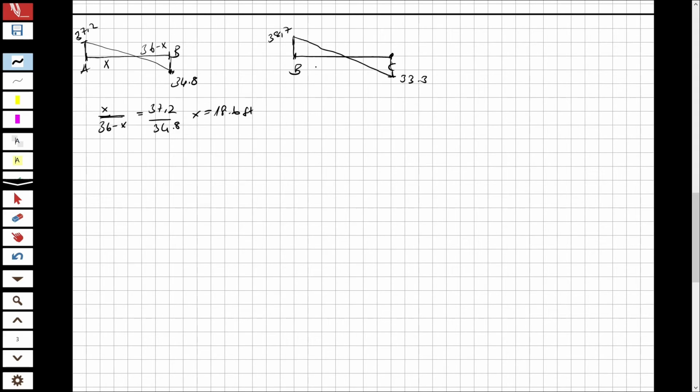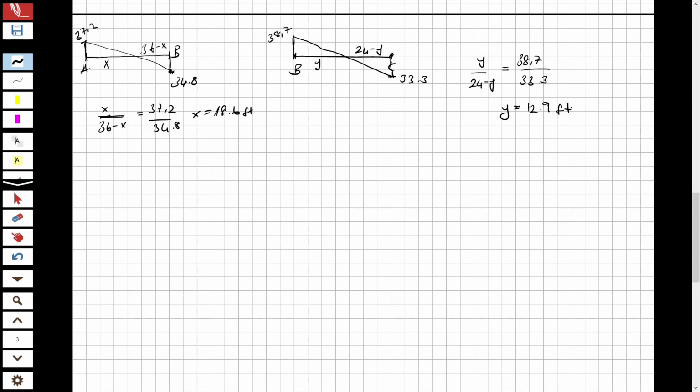And for this one, let's write y, and this is going to be 24 minus y. y over 24 minus y equal to 38.7 over 33.3. From this ratio, I'm going to obtain y as 12.9. Now I have the x and y values.